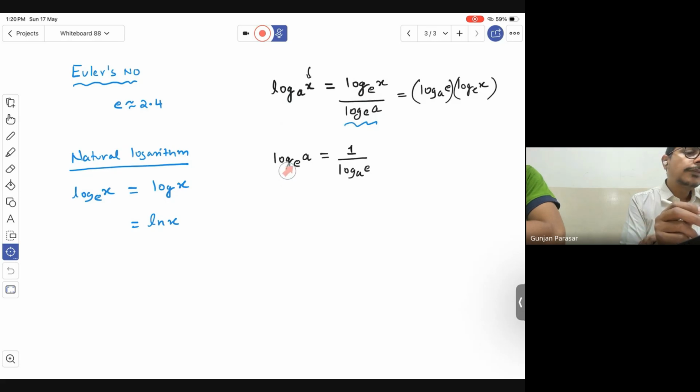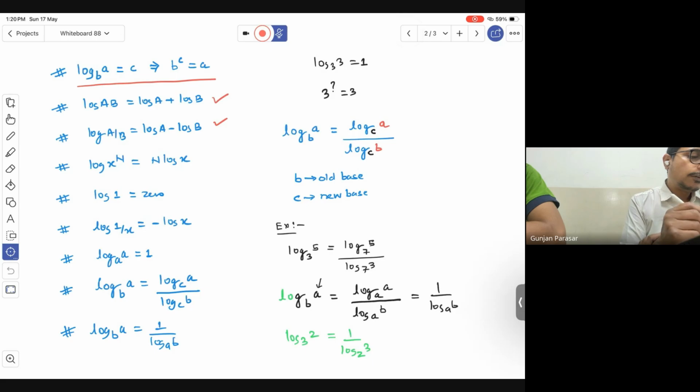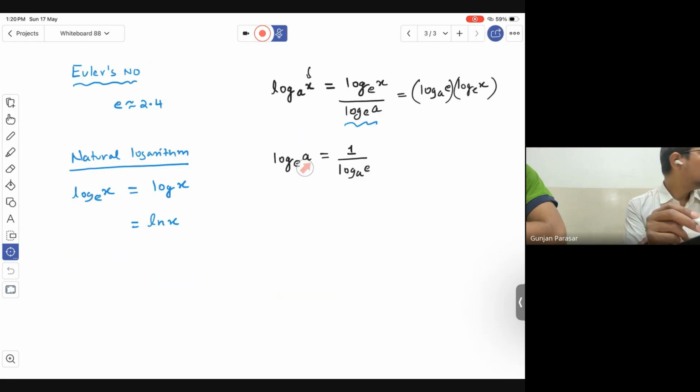Now the next part: if I have log, you see what I really have in the LHS, base B input A. It is the reciprocal of base A input B. Like log_3 2 is 1 by log_2 3. So log_e A is 1 by log_A e, where it will go in the numerator. Okay.